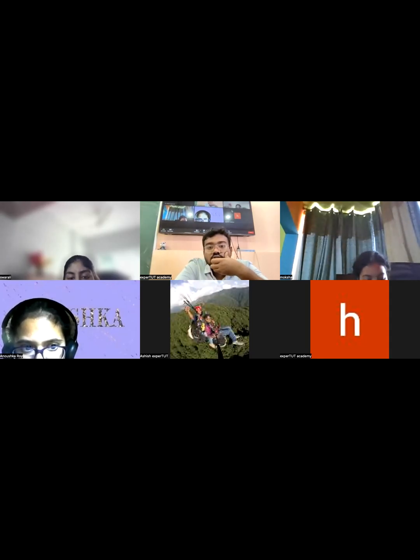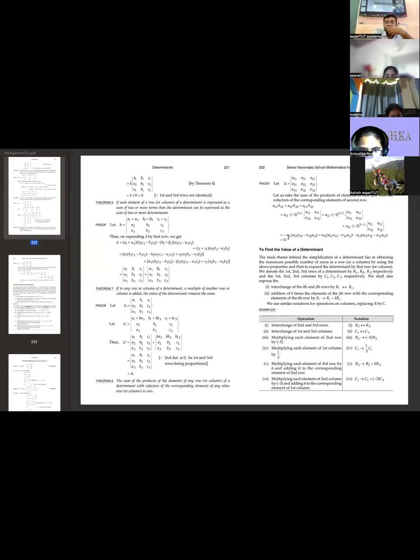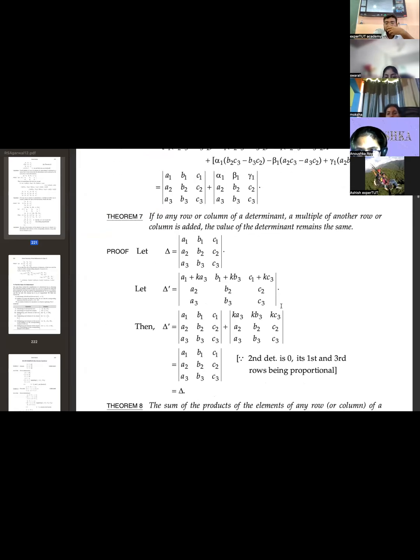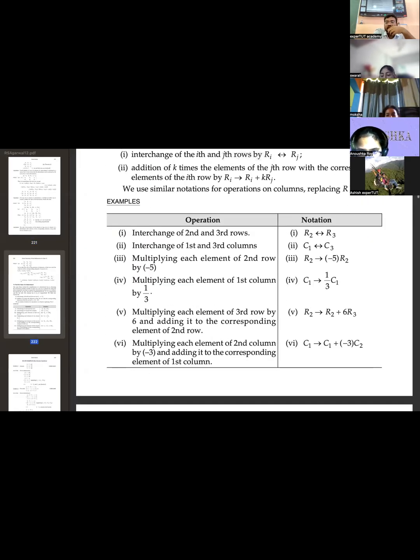Just observe this operation. So this table you observe. Just write it quickly. Interchange of second and third row: R2 and R3 with a double arrow.